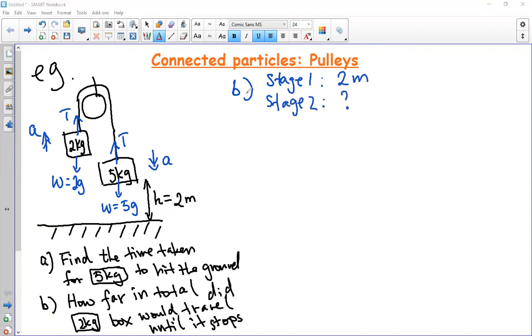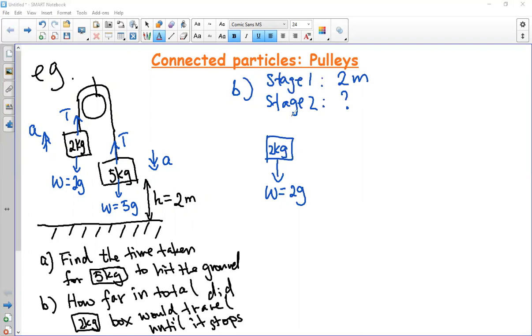Well, remember, when the 5 kilogram box hit the ground, it would not pull the string anymore. So if I draw another diagram for my 2 kilogram box, there's only one force acting on it, which is the weight, and that's 2g.